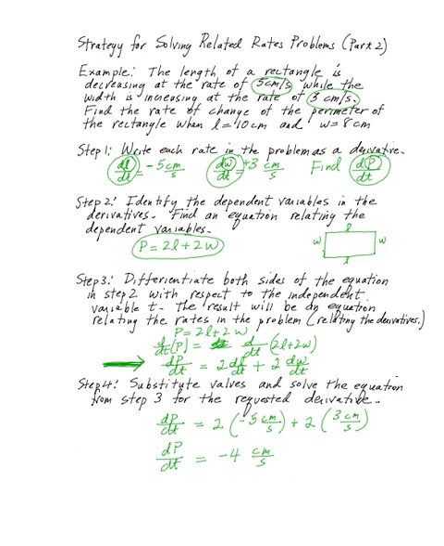Now, one reason I wanted to look at this particular example where we're finding the rate of change of perimeter with respect to time was that in part 1, we took the same problem and we found the rate of change of area with respect to time. And you'll notice something different. dP/dt is 2 dL/dt plus 2 dW/dt.